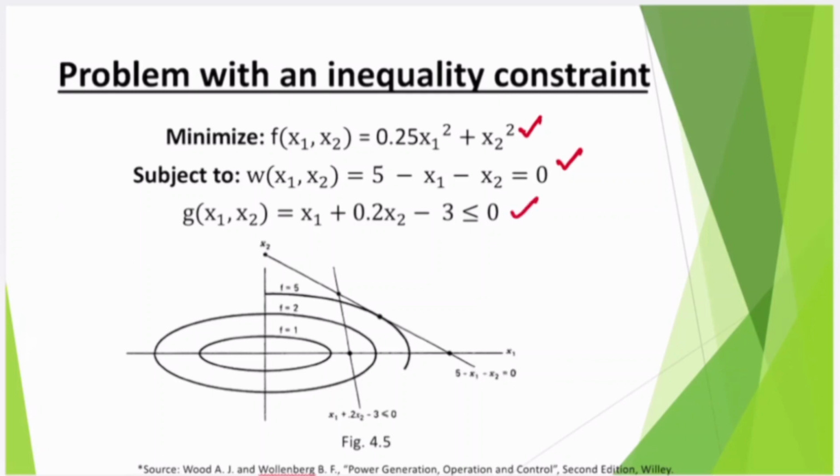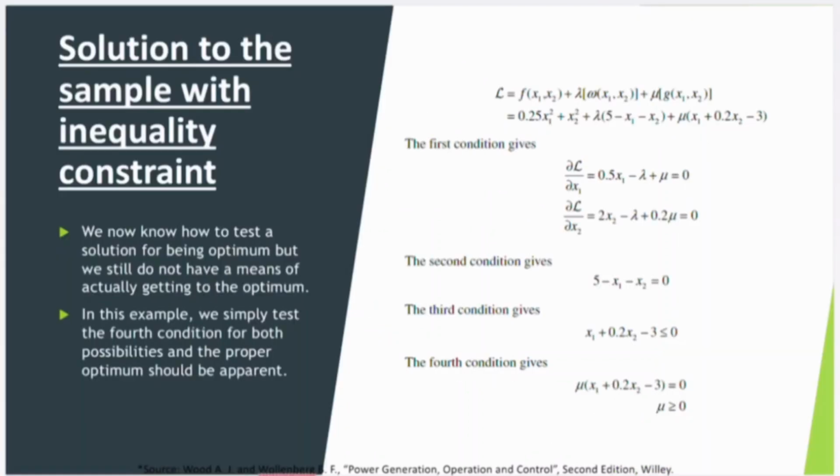So how do you optimize a function which has an equality constraint as well as an inequality constraint? You could see the functions, which is my equality constraint characteristics. All right, and then I have the inequality constraint characteristics, and satisfying both of those, I have to find my optimal points.